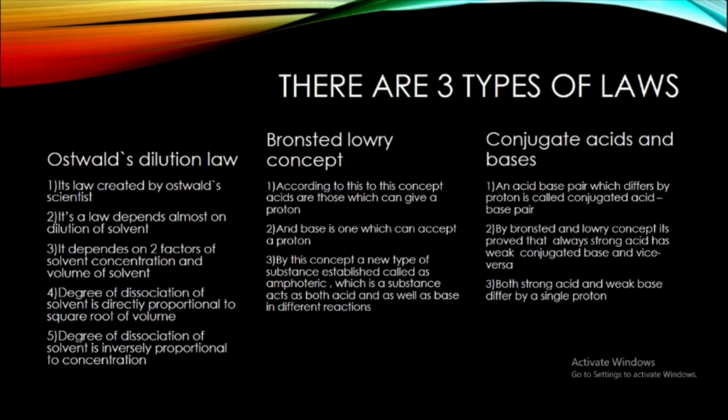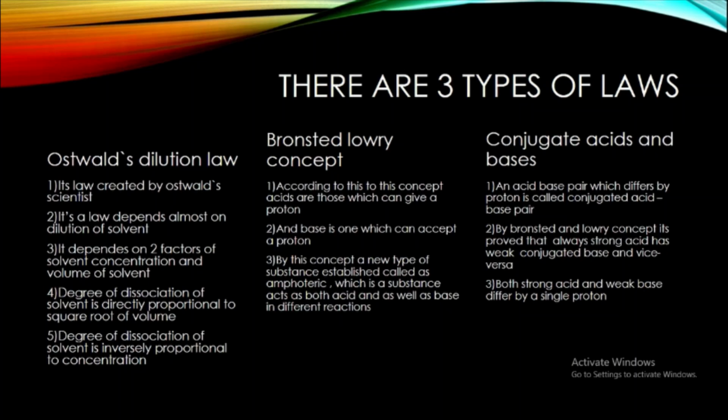So now let us go to the Bronsted law. What is this Bronsted-Lowry concept? Bronsted and Lowry are the two scientists who gave the concept. Bronsted is one scientist and Lowry is the other scientist who combined their thoughts to give this concept. According to this concept, acids are those which can give a proton and bases are those which can accept a proton.